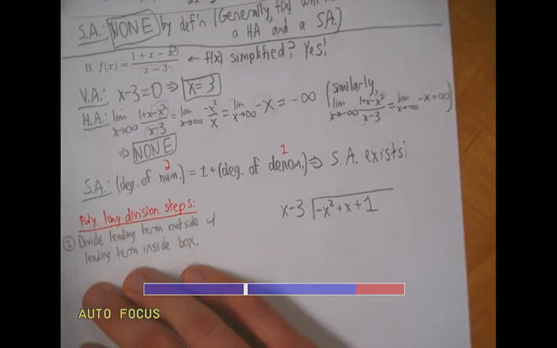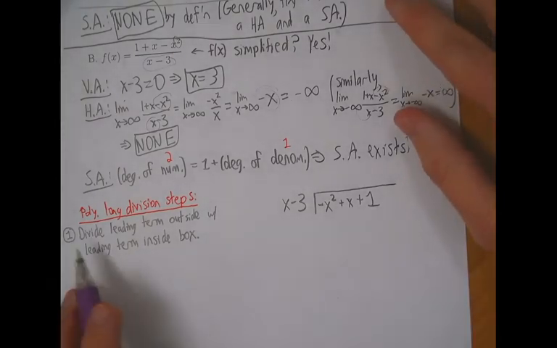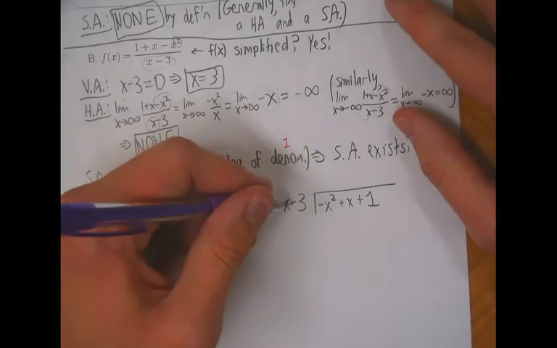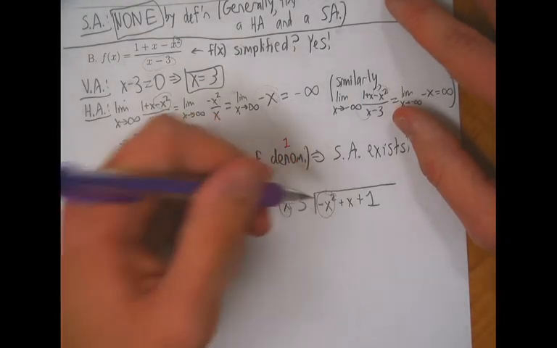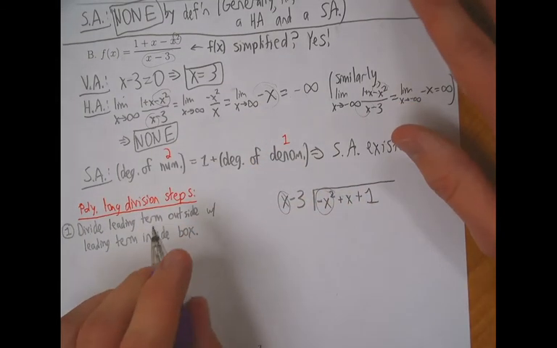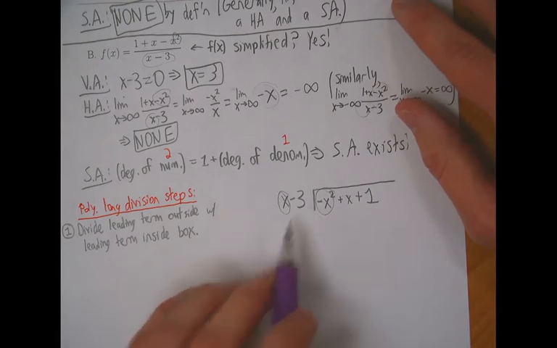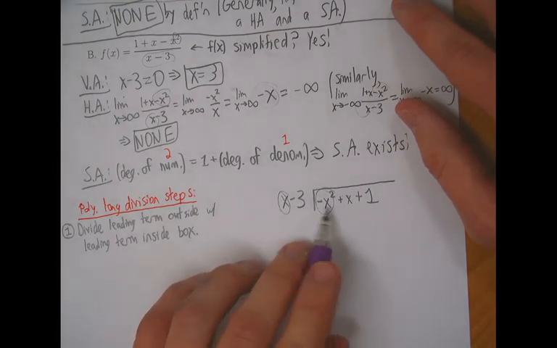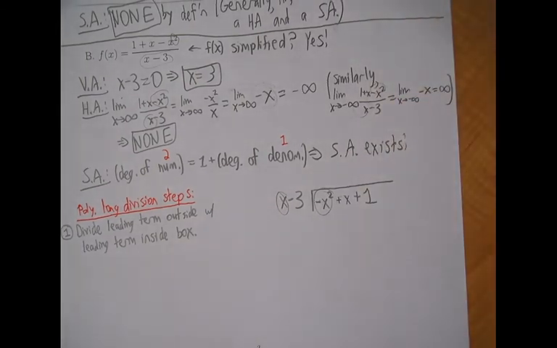So let's go ahead and do that. In this case, we have to divide the leading term outside, so x, with the leading term inside, so negative x squared. If we do that, what should we end up with? We have negative x squared over x, so that should simplify to what? Yeah, negative x, right?